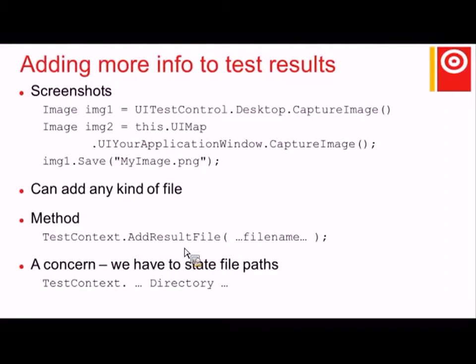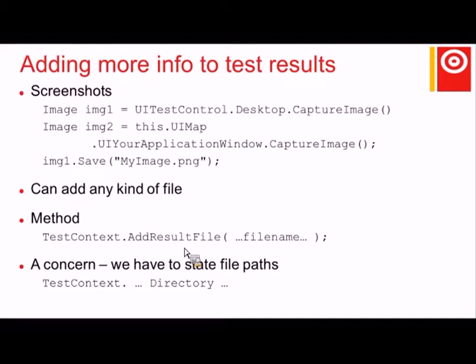Create the file during the test, perhaps per test case or perhaps over a series of tests. Remember, I talked about the various test attribute classes for test initialize and test cleanup, for class initialize and class cleanup, and the assembly versions.